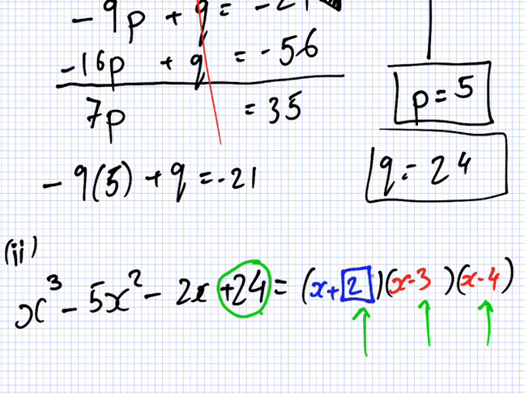That's the only way to make the 24 appear on the left. So that's a shortcut, and it only works when you are given two of the factors. If you are given one of the factors, you have to divide it in, make your quadratic and then factorize your quadratic. But when you look at how many marks you get for this, you should feel like there should be a quick way to do it, because it's only 2 marks for this part at the end.